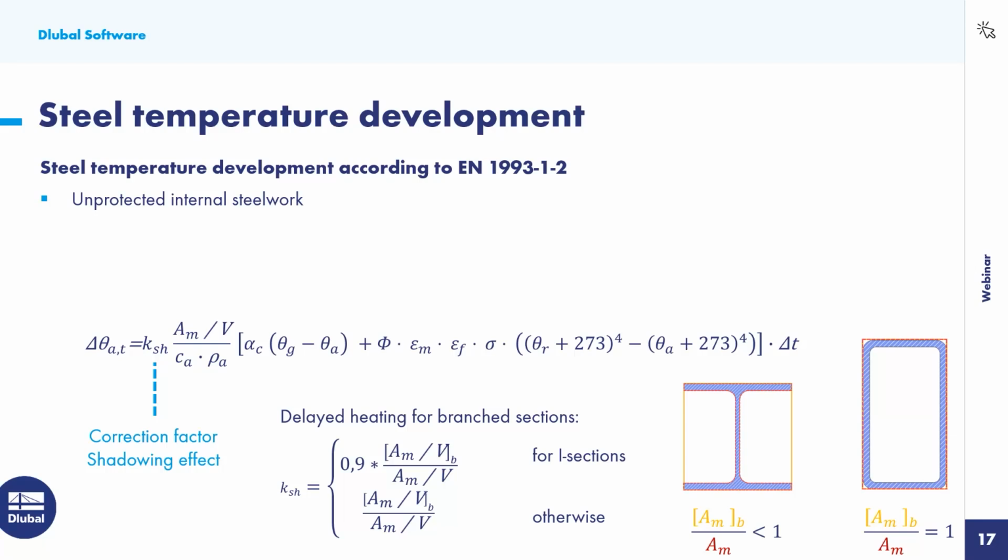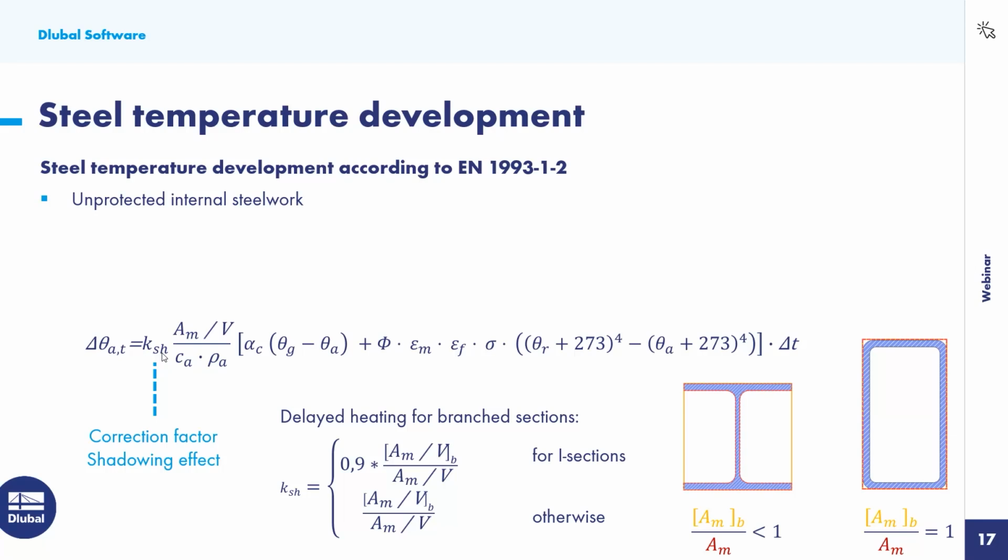For an I-profile, to calculate this, I would compare the length of the yellow line with the length of the profile perimeter, the red line, and this would result in a correction factor of less than 1 because the yellow line is much shorter than the red line. This then, because the shadowing effect factor is also in the numerator, would again lead to slower heating.